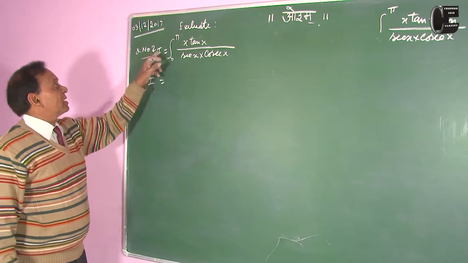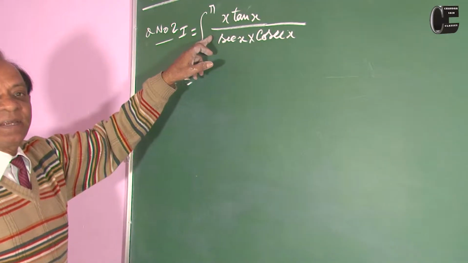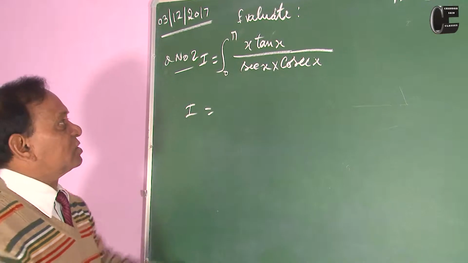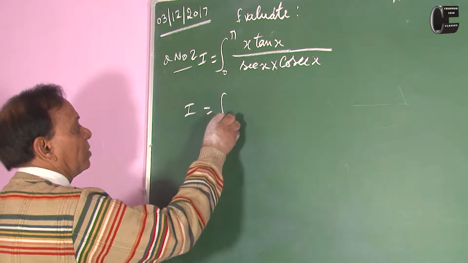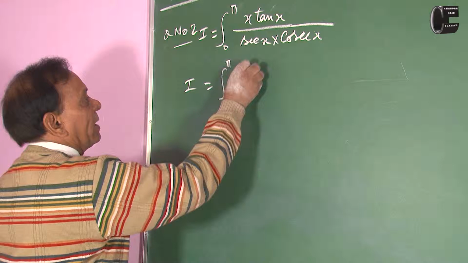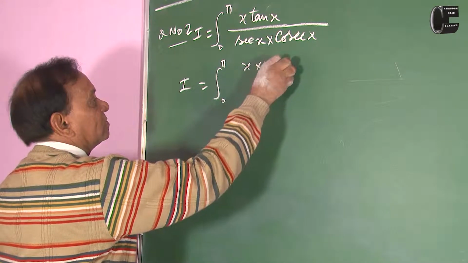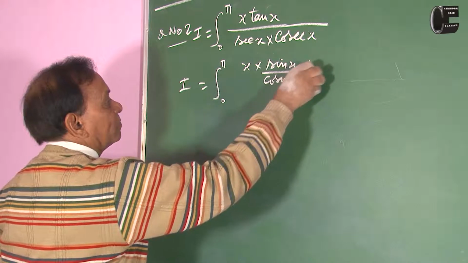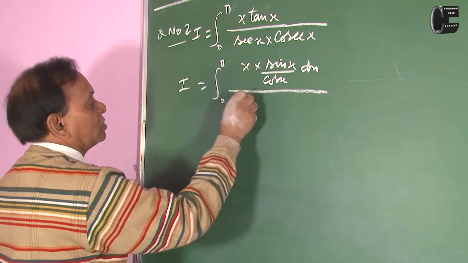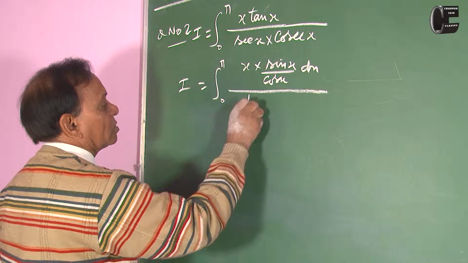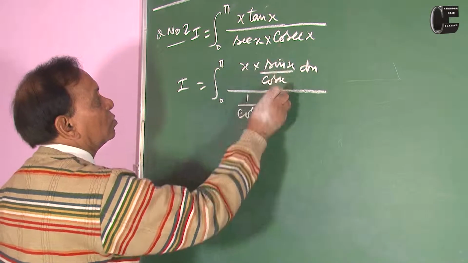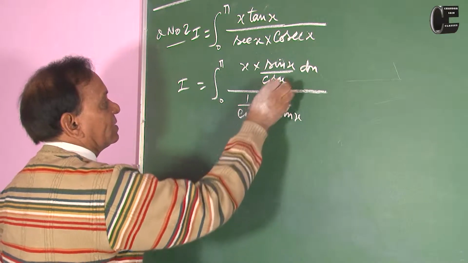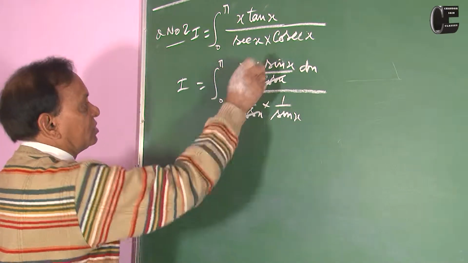Yes, take the second question. Integrate 0 to pi x tan x divided by sec x into cosec x. Yes, 0 to pi x sin x divided by cos x dx. Similarly, for sec x, 1 over cos x, into cosec x, 1 over sin x. Yes, cos x will be cancelled.